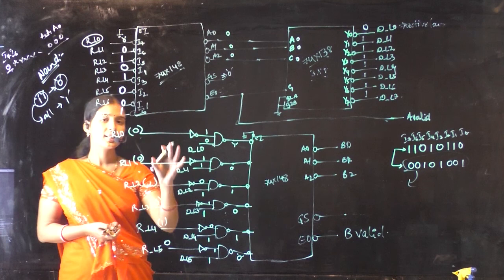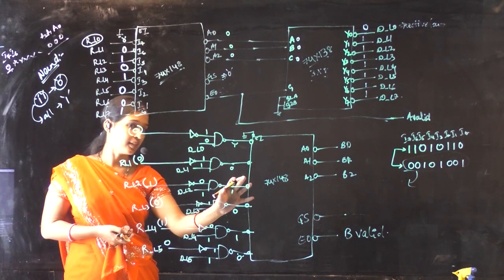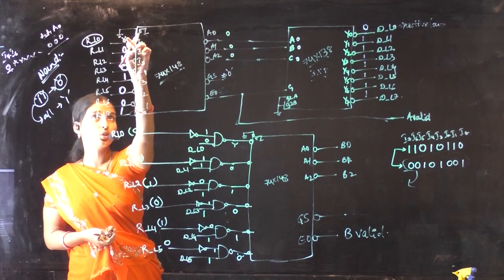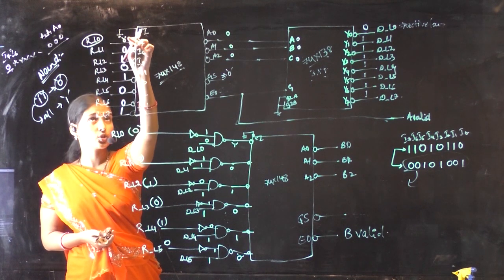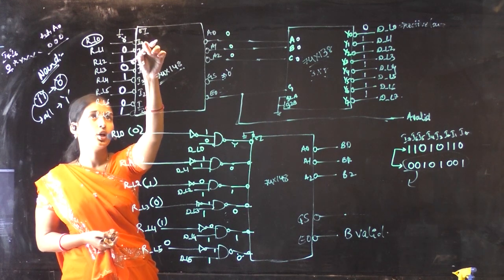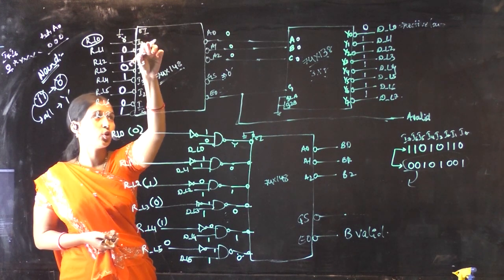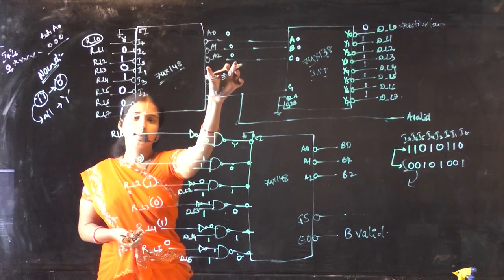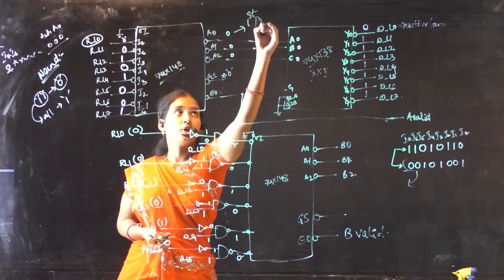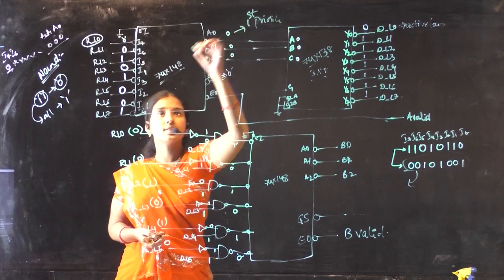See here, what is the main advantage of this? As we know, RL0 is equivalent to 0. If RL0 is equivalent to 0, it indicates that I7 is at the highest priority. As I7 is the highest priority, you have been converting it into 0 0 0. That is the first highest priority you have got from this IC.